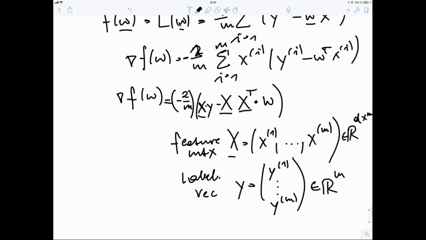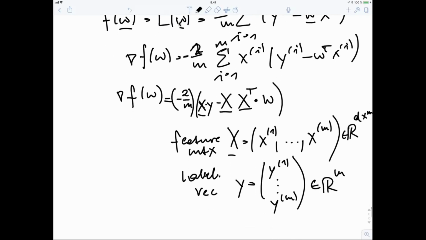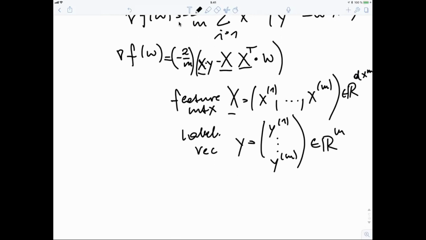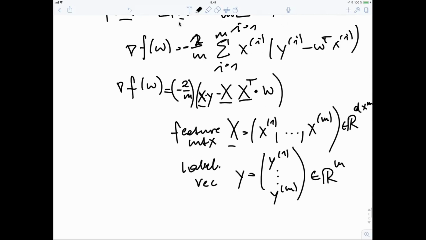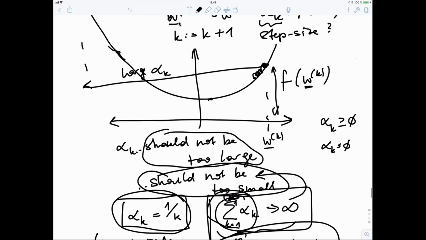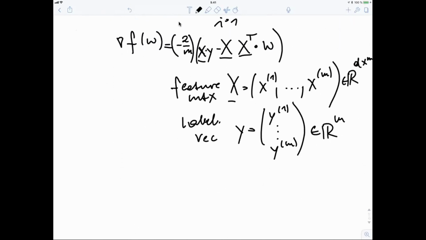It turns out that for this type of objective function and this gradient, the gradient step becomes a matrix vector multiplication. So let me insert the formula for the gradient into the gradient step.